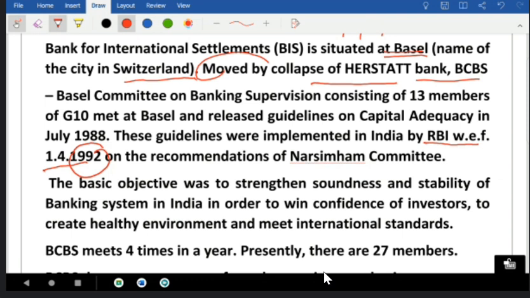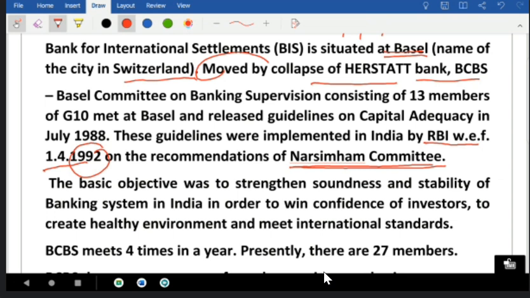Okay, that means Basel 1 was implemented in India on the recommendation of the Narasimham Committee. On the recommendation of the Narasimham Committee, this Basel 1 was implemented in India in the year 1992. What was the basic objective?